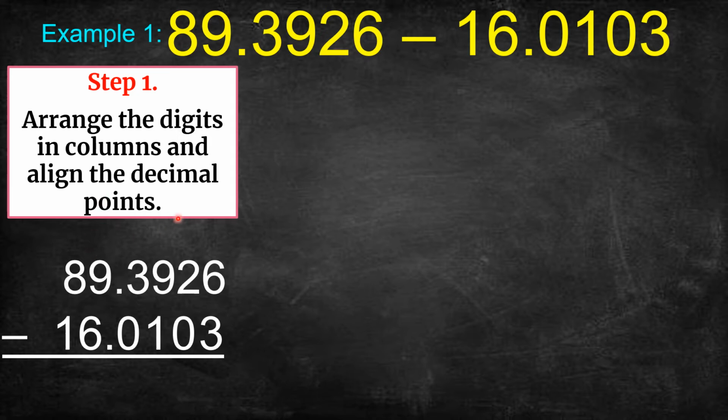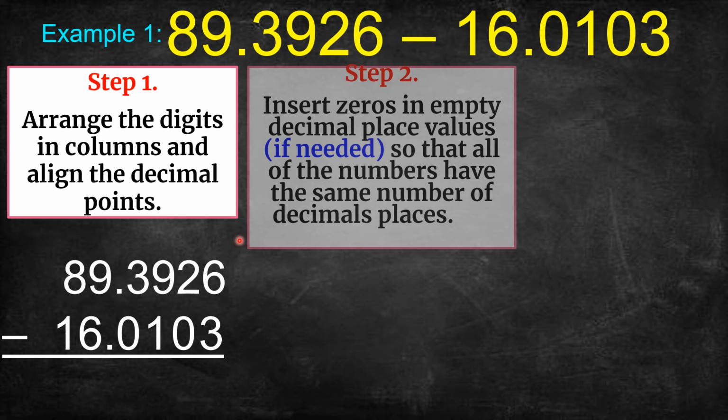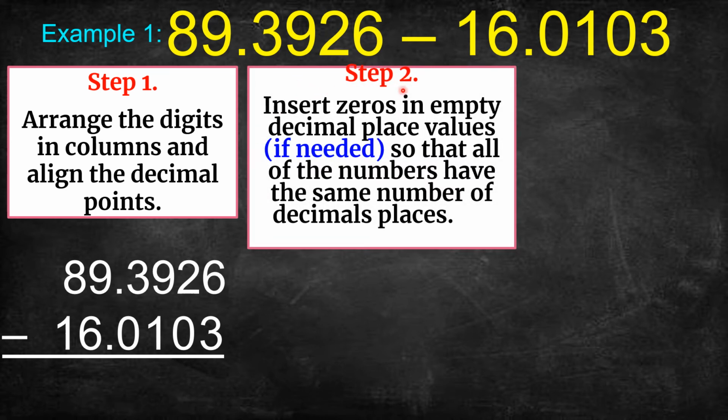Yan, from 10,000s, thousands, hundreds, tens, decimal point, ones, and tens. Pagkatapos mag-arrange, for your step number 2, insert zeros in any empty decimal place values if needed so that all of the numbers have the same number of decimal places. So, ito ay ginagawa lang kapag hindi pareho ang bilang ng kanilang decimal places. Pero dito sa ating given, yung una ay hanggang 10,000s, 4 na digits yan.